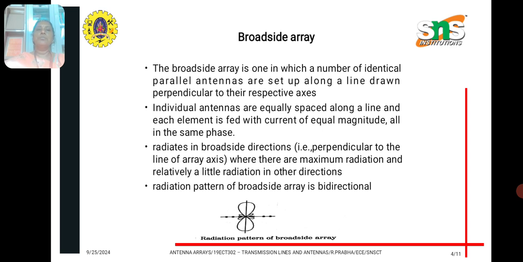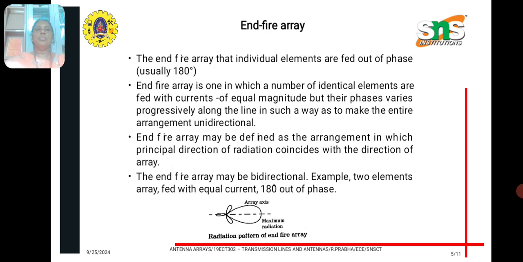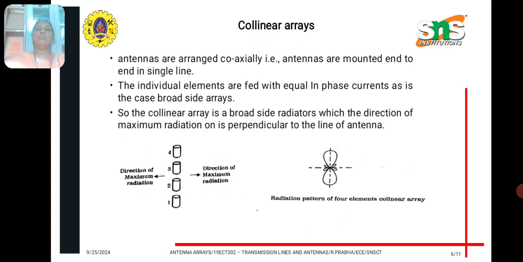In addition to this, we have a third type of antenna called the collinear array antenna. In collinear antenna arrays, the antennas are arranged coaxially, that is, the antenna array is mounted end to end in a straight line, and the individual antennas are fed with current of equal amplitude and equal phase as in the broadside array.